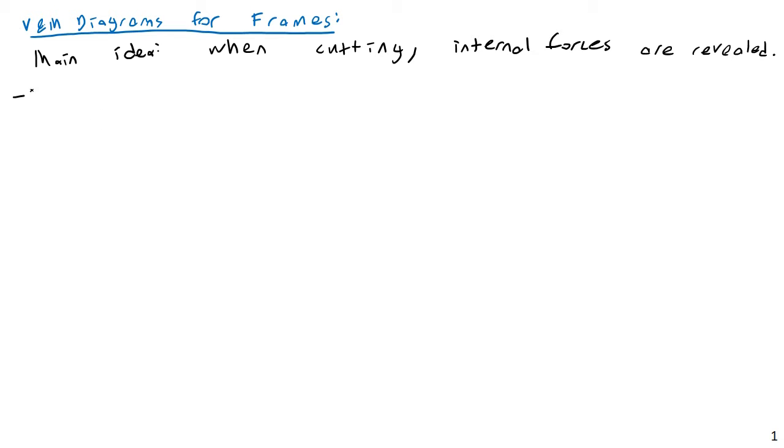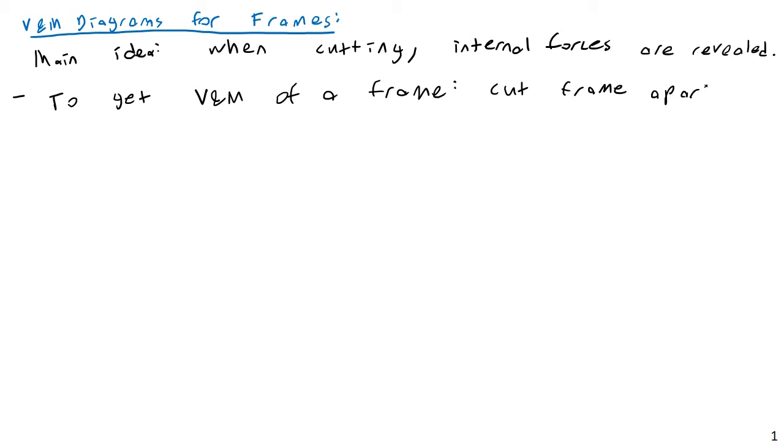And to get the shear and bending moment diagrams, V and M, of a frame, we are going to cut the frame apart at the joints.